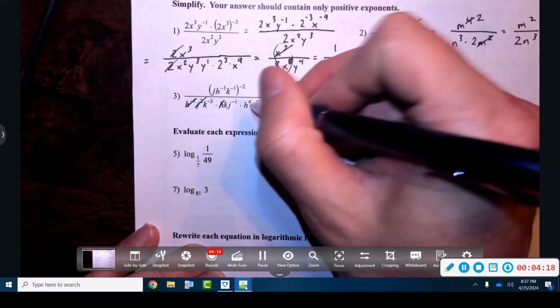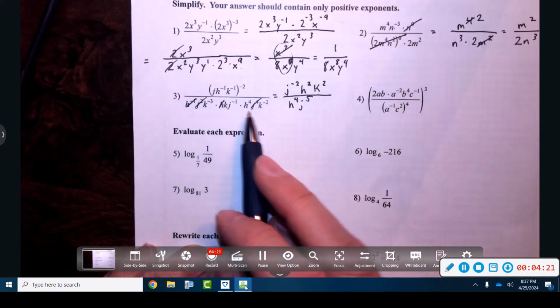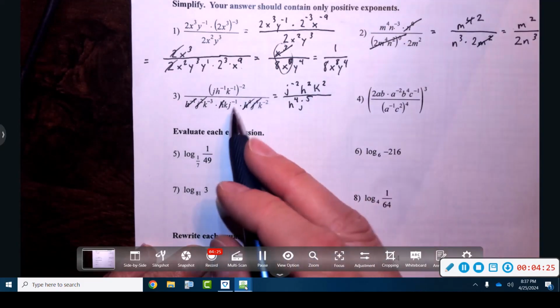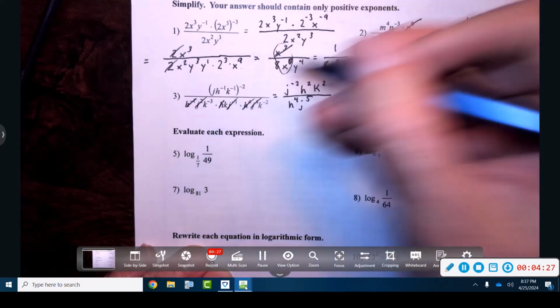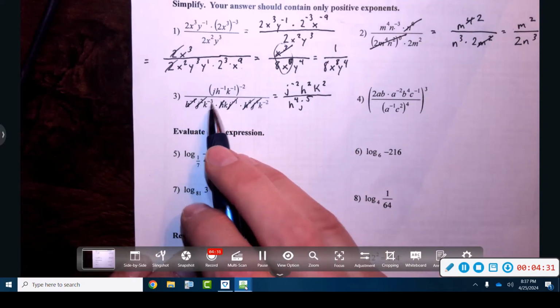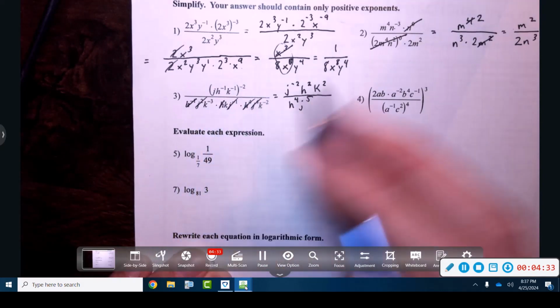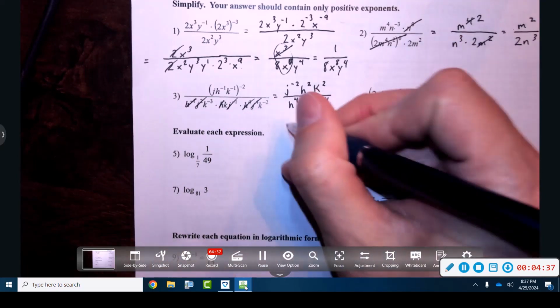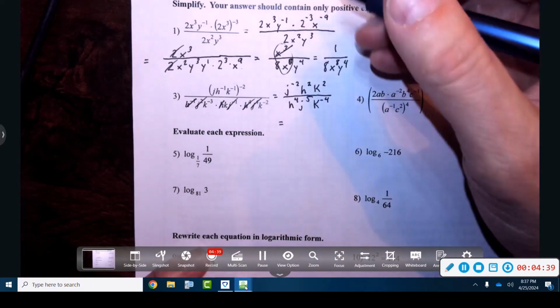I'm going to cross them out just so I don't see them anymore. We already took care of h's, and we took care of that guy. So for k's, I've got negative 3 plus 1 is negative 2, plus that is negative 4. Okay, so I've got one more step.